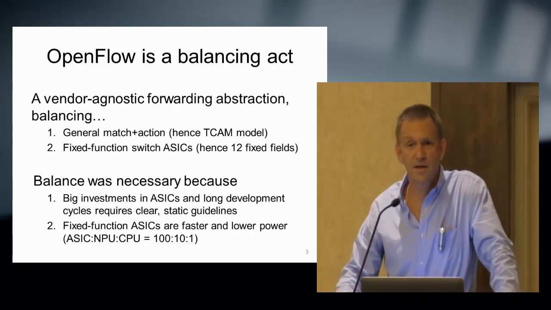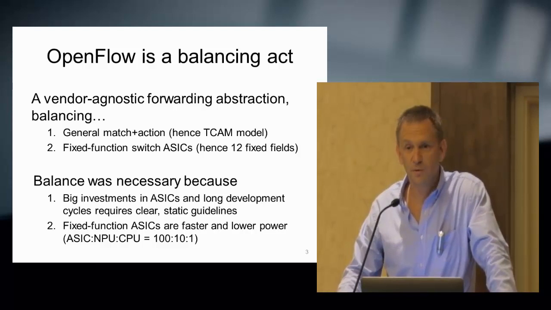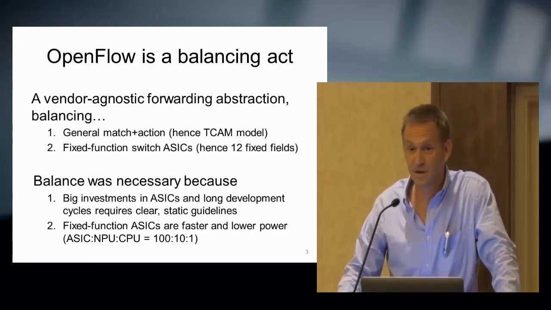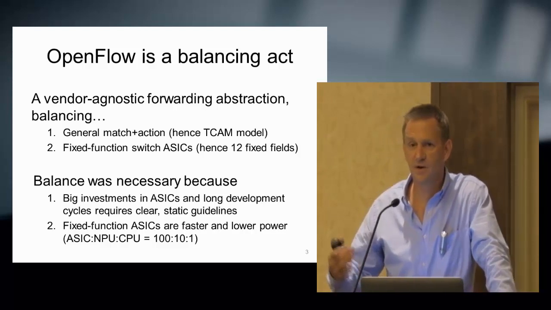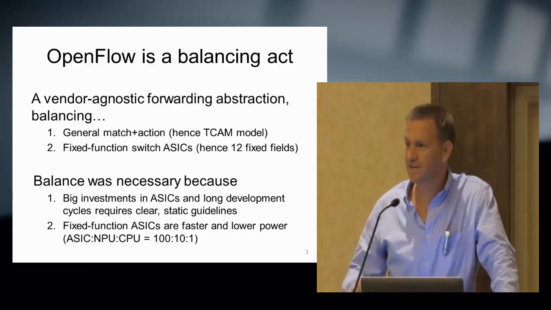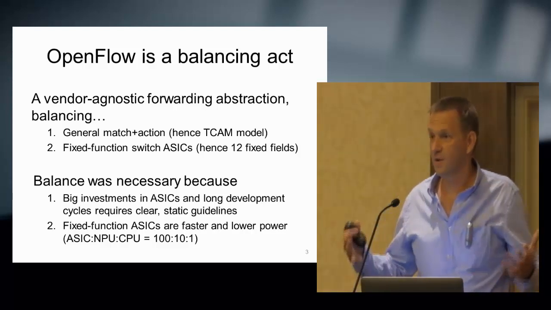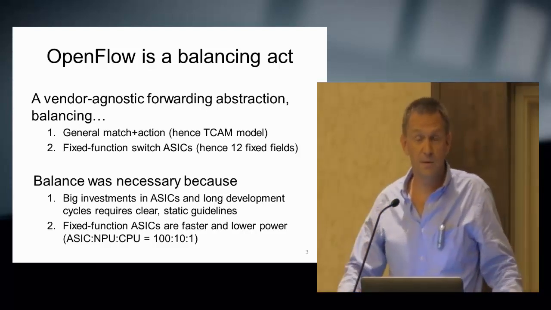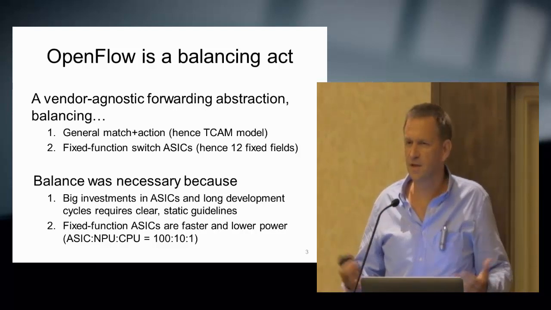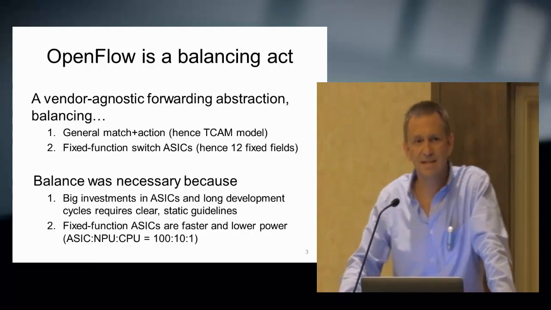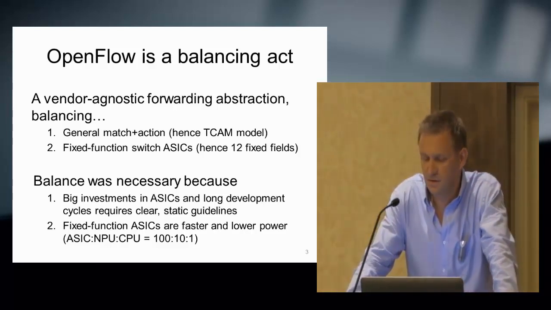We're all very familiar with that. The term match action will probably be said 1,000 times over the next 2 days. It's ingrained now in our heads, and it's hard to now unthink and forget that term, because it's now how I imagine we all think of how packets are processed. And that led to this, you can think of it in OpenFlow 1.0 as this very simple TCAM model.